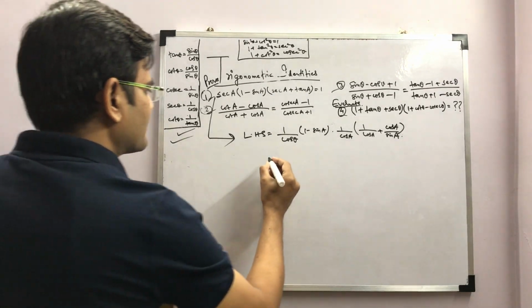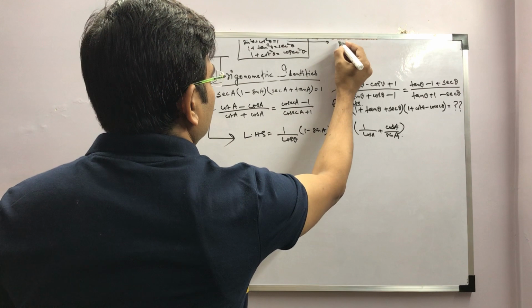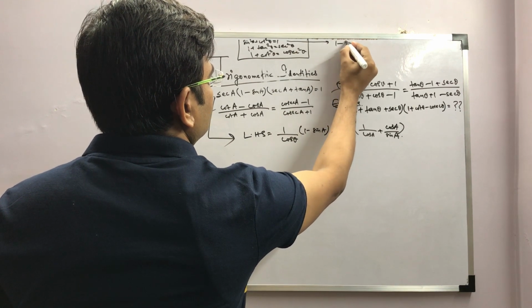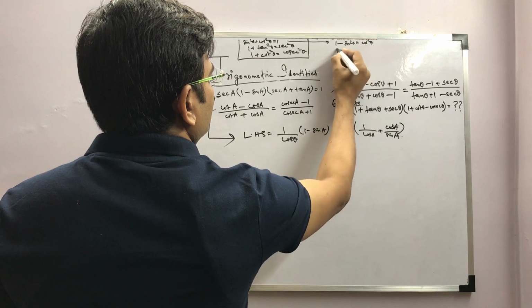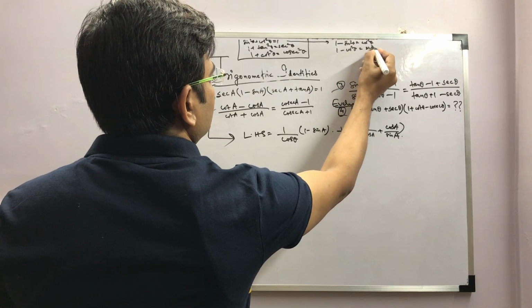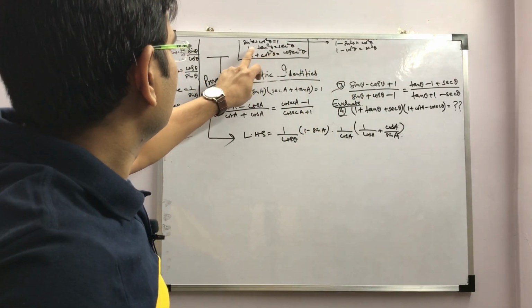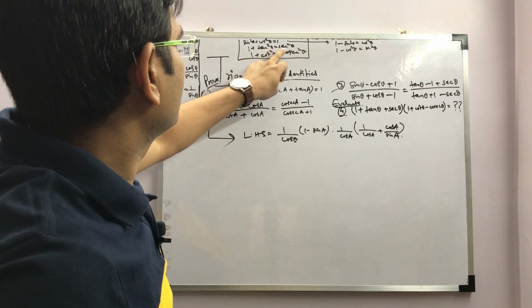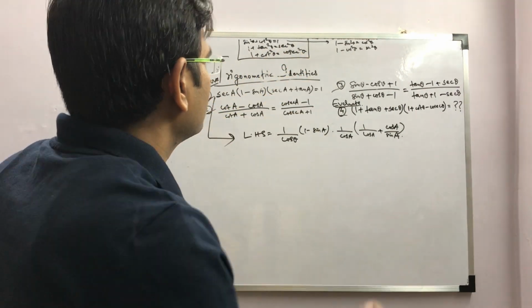So basically this formula also gives you another formula, 1 minus sine square theta equal to cos square theta, and 1 minus cos square theta, if you move cos there, then it becomes sine square theta. And similarly if you move 1 here, tan square theta becomes sec square theta minus 1, cot square theta becomes cosec square theta minus 1.